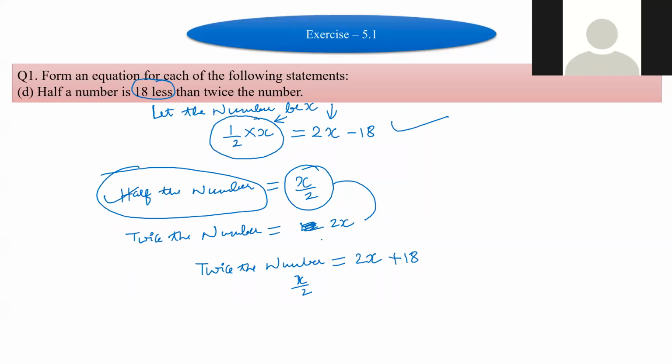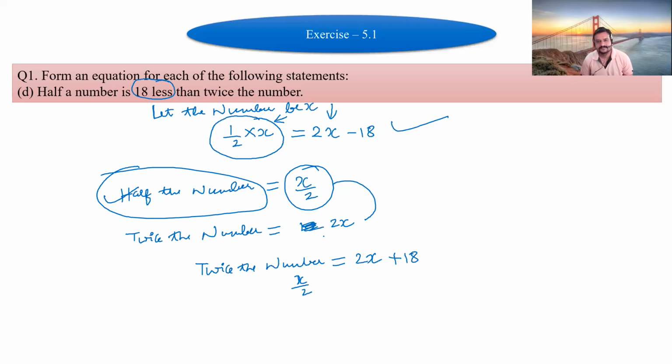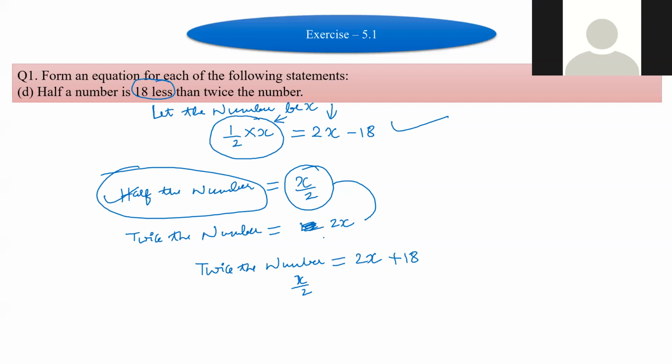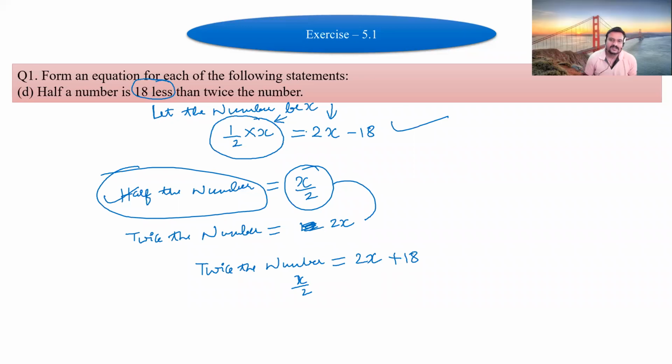Sir, what is the answer at the back side? Is it the same? I will check. Check it fast. Sir, x upon 2 minus 18 is equal to 2x. So this is not correct then.